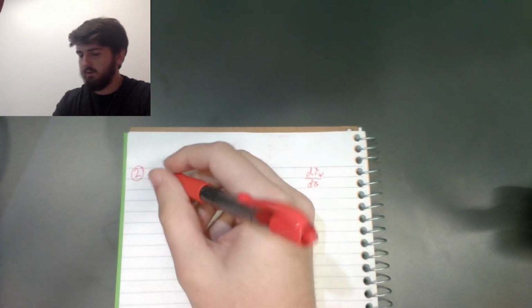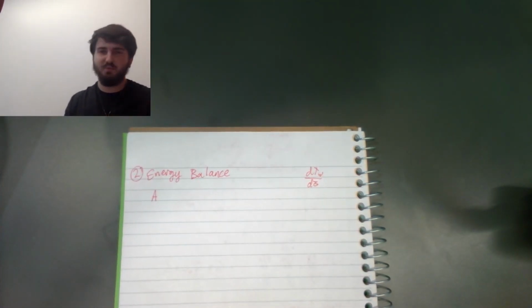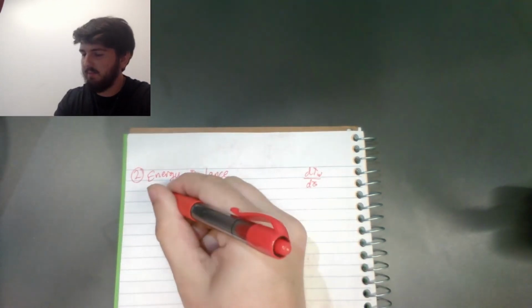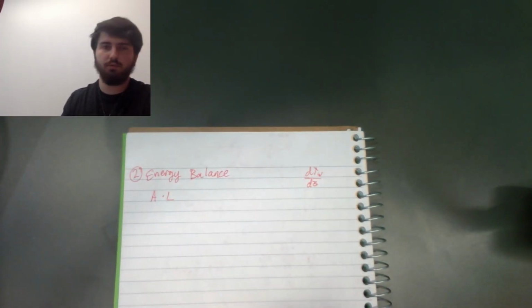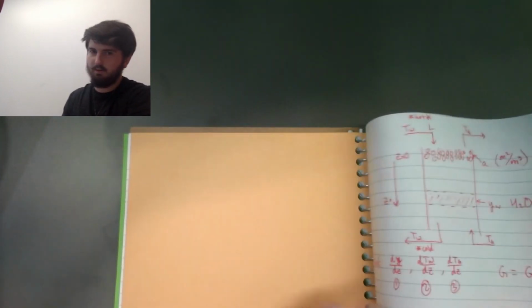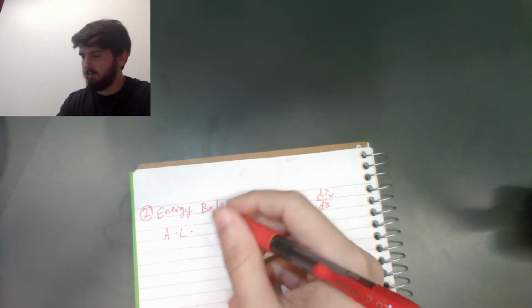And the equation we're going to be using for this is going to be, again, we're using that cross-sectional area. Don't worry about it, but it's going to be there for now. And we're multiplying it by that liquid flow rate of the water going down times the heat capacity of that liquid, and we're multiplying that by that change in the temperature of the water.